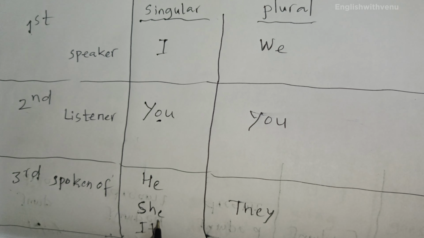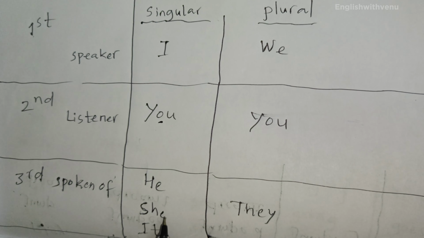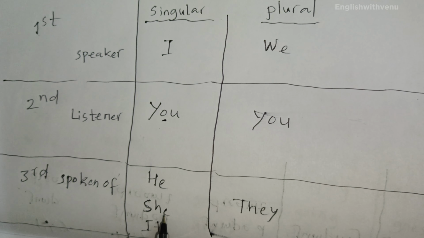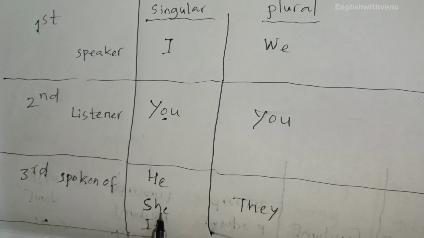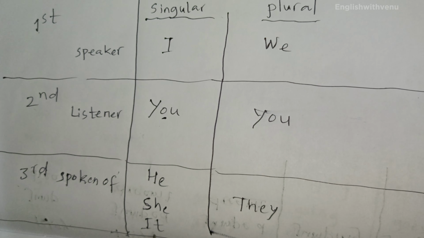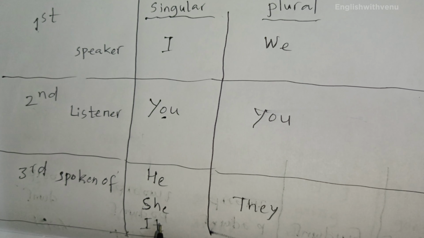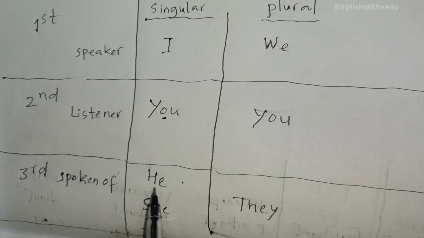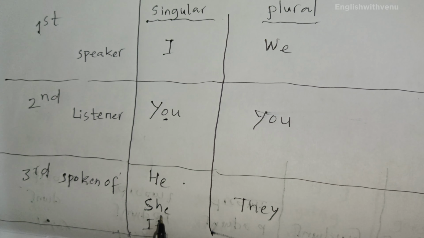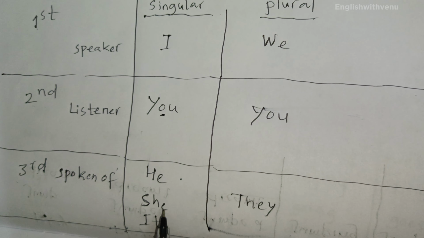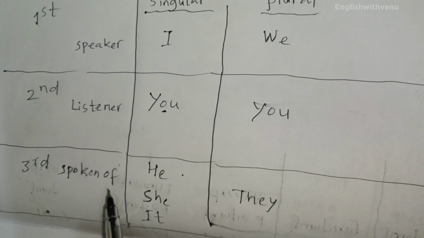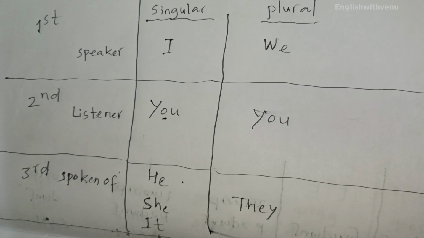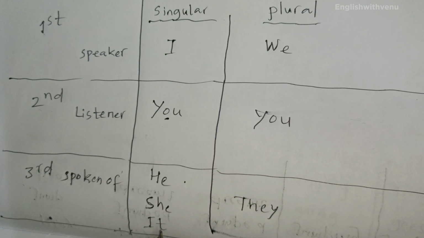Not only she, all the singular names that we talk about, spoken of, is the third person singular. And whatever the thing that we talk about, suppose if I talk about Ravi, Ravi is third person singular. If we talk about Kavita, then Kavita is third person singular. And if I talk about the sun, the sun comes under it.